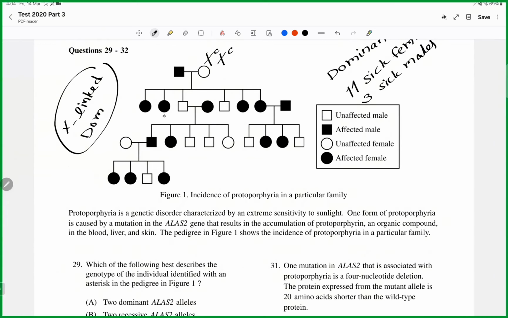No. If it's X-linked dominant, you must only get one capital C and you will get sick. Her father is X capital C Y. So she became X capital C X small c. So she has one dominant and one recessive.